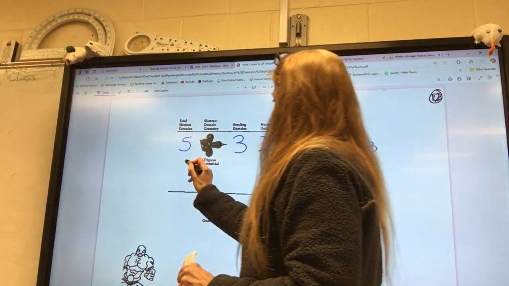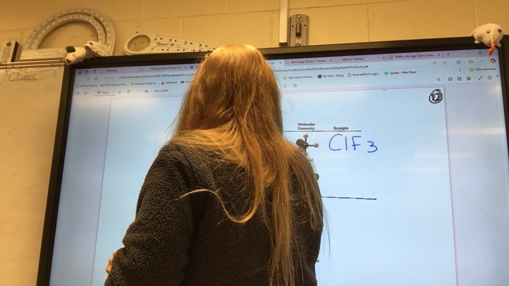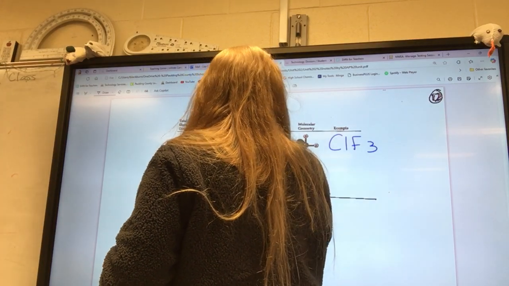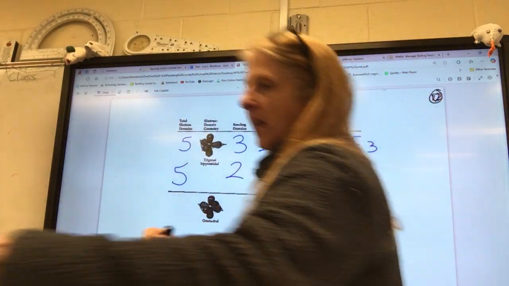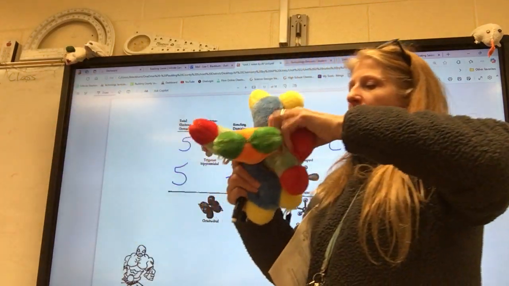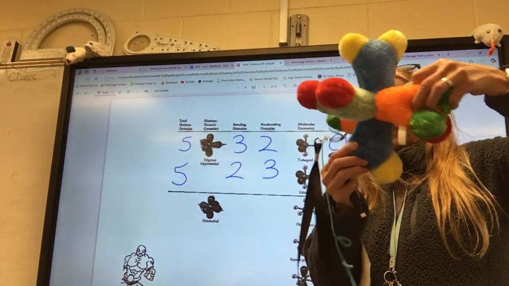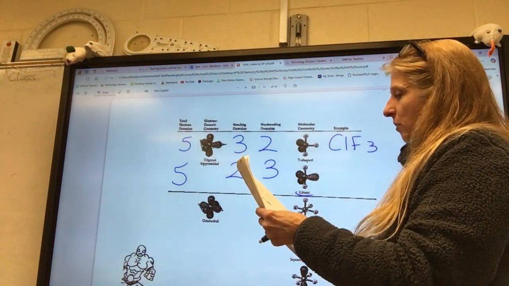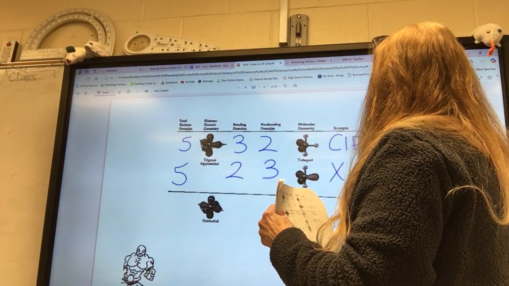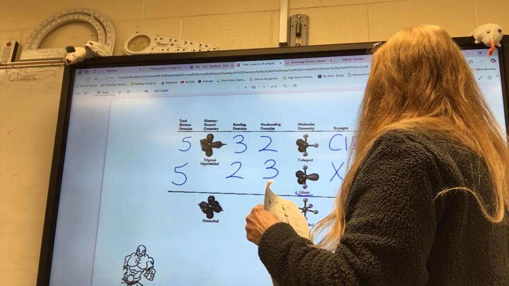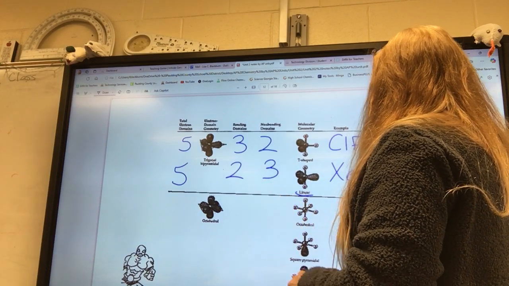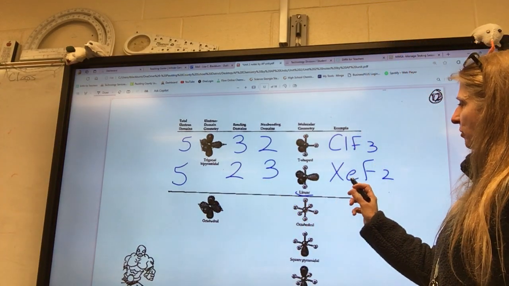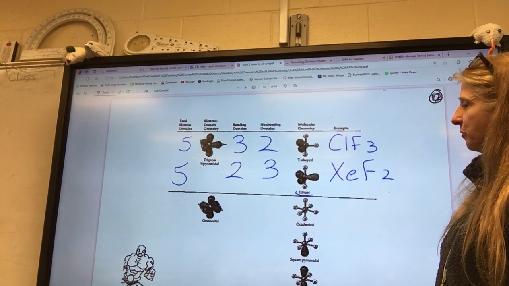Okay, and if we have 5 domains and 2 bond and 3 don't, so we could have these ones around the middle not bonding and the stick going through bonding, then that is just simply linear. Because you don't look at what doesn't bond for the final shape, you just look at what bonds. And so there's one of those where a noble gas is being forced to bond with fluorine.